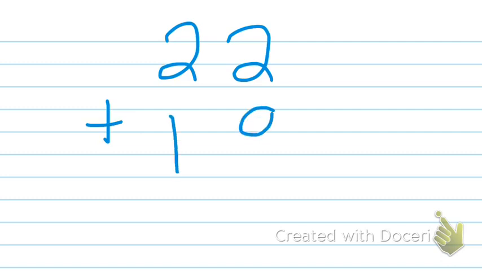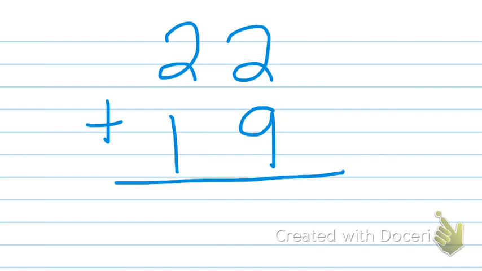You're going to pause the video, solve it by yourself, and then play the video again in order to check your answer. So, my addition problem is 22 plus 19. Go ahead and pause the video so that you can solve this addition problem using the strategy that you prefer.